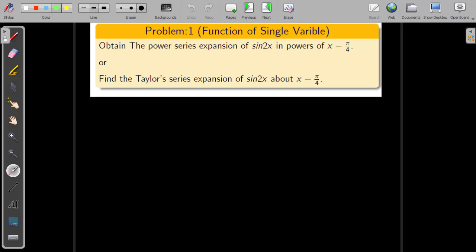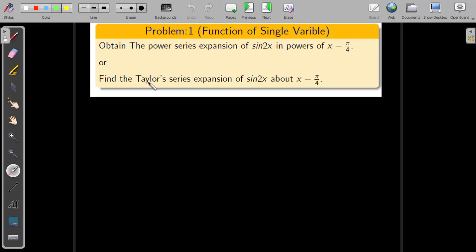How to distinguish Taylor and Maclaurin? In the Taylor case, it is x minus some a, where a is any real number, maybe like x minus 1 or x minus 2, something like x minus pi by 4, x minus pi by 3, in such a way. When it comes to the Maclaurin series case, how to identify it? Only in powers of x. That is the idea.